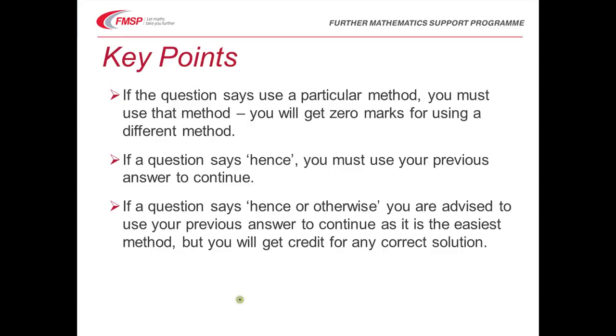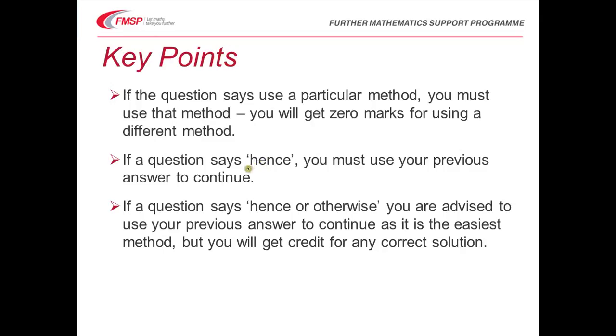So in particular with questions on the method of differences, if you decide that it would be easier to use standard results from FP1, that might be a perfectly valid method of solving the question, but if the question says you must use the method of differences, you won't get any marks for using standard results.